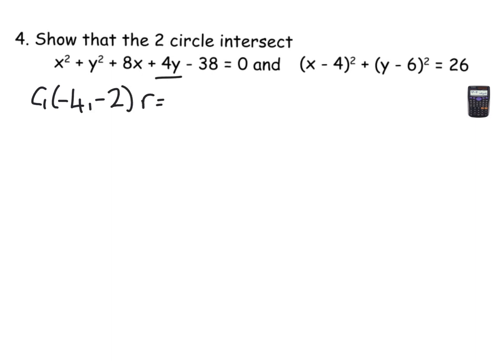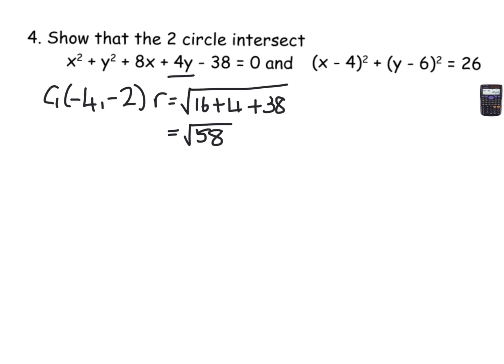Our radius will be the square root of 4 squared is 16, 2 squared is 4, and minus 38 turns into plus 38. So we have the square root of 20 plus 38, so the square root of 58, which doesn't simplify, so it's going to be 7.62, I think I got it to be.